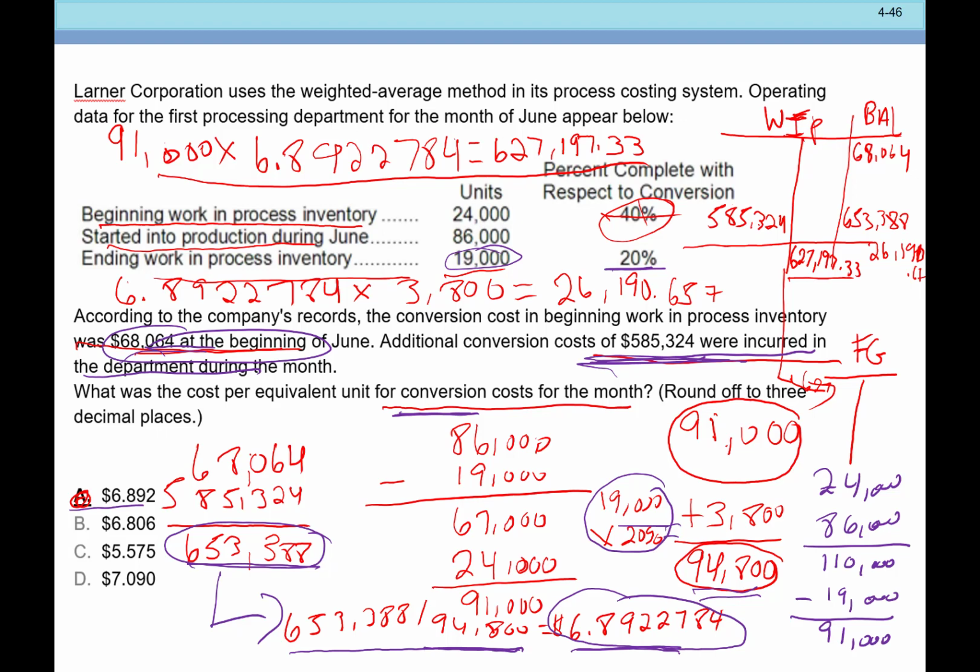I either debit work in progress for the next department, or if that's the last department, I debit finished goods, because I've transferred them out. Now I'm left with the ending balance in work in progress, 26,190.67. To check that number, I took my equivalent cost per unit and multiplied it by my equivalent units in my ending inventory. Yep, I got the right number. So I've done my work correctly, haven't I?